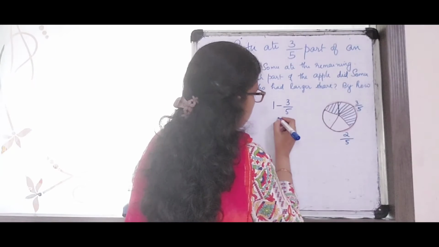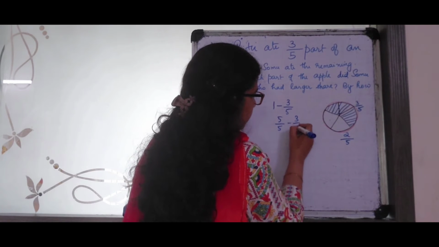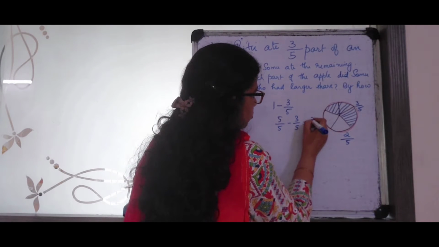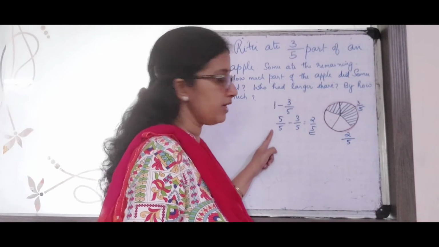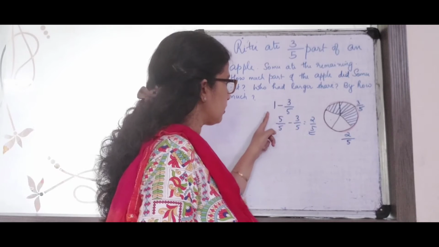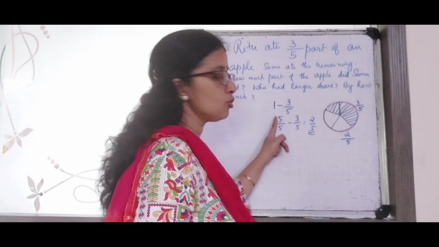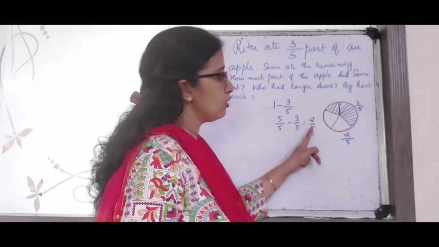Which is equal to 5 by 5 minus 3 by 5, which is equal to 2 by 5. Because 1 can be written as 5 by 5. Since we need the same denominator in both the terms, if we write 5 in the denominator, in the numerator also you have to write 5. So 5 by 5 minus 3 by 5 is 2 by 5.